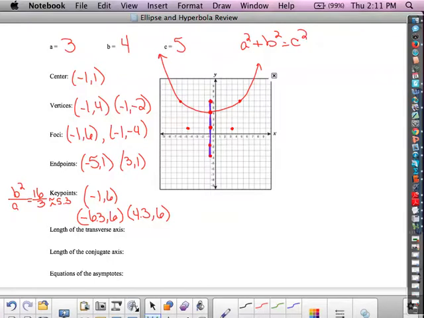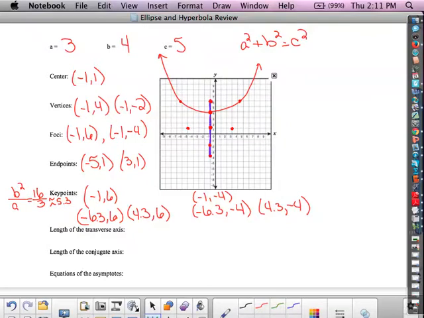Then go to the other foci, minus 1, minus 4, and again moving left and right on the x-axis, so at minus 6.3, minus 4, and at 4.3, minus 4.